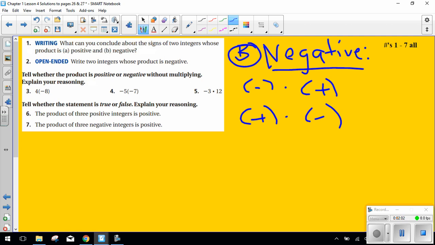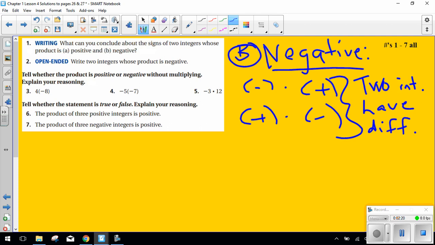In both cases, our solution is going to be negative. And again, another way you can write this is the two integers have different signs.